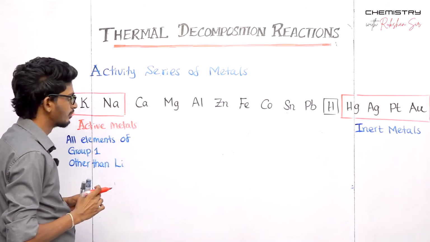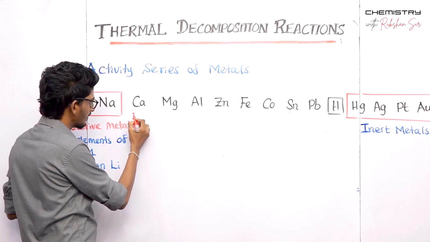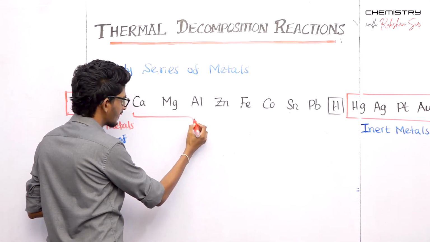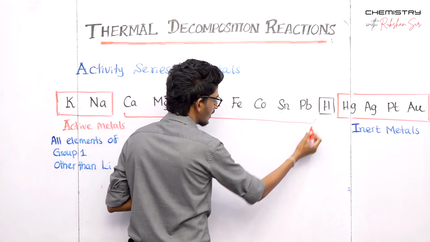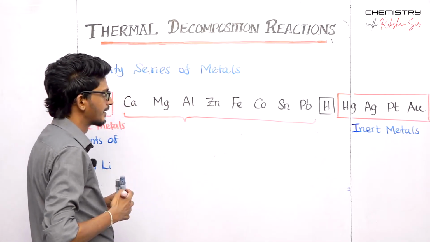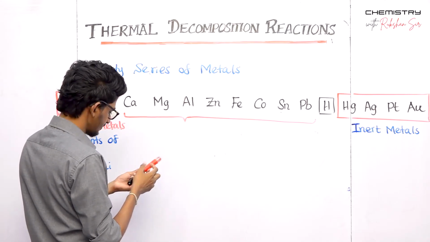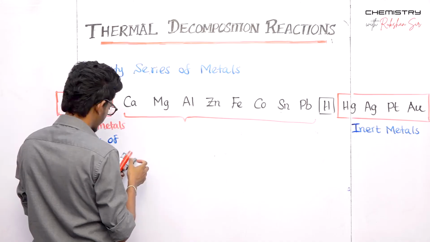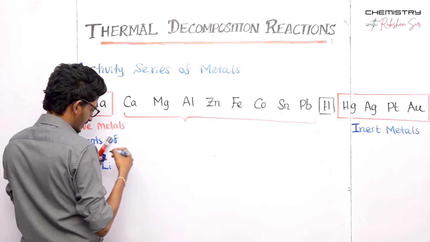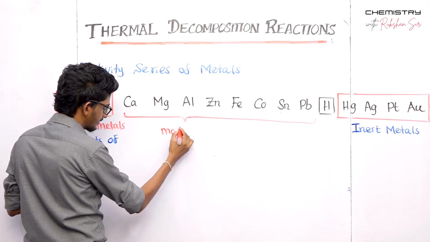All the metals other than the active metals and the inert metals are actually known as moderately active metals.